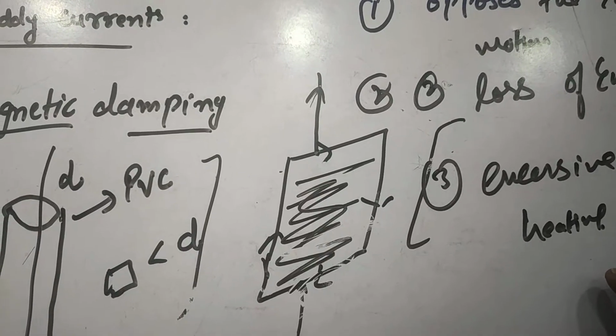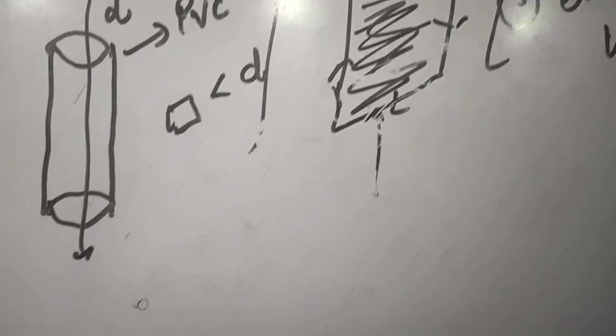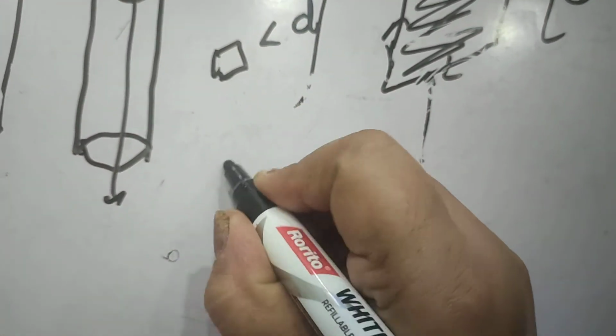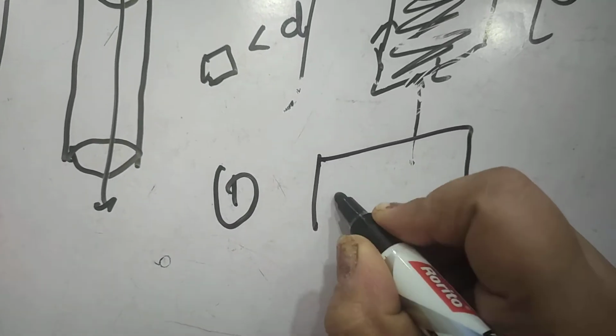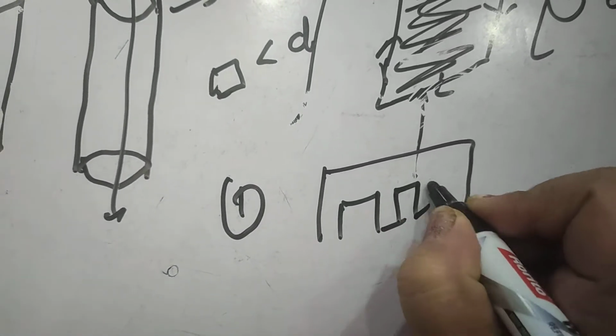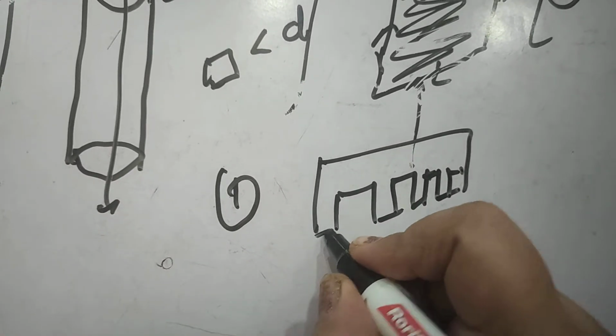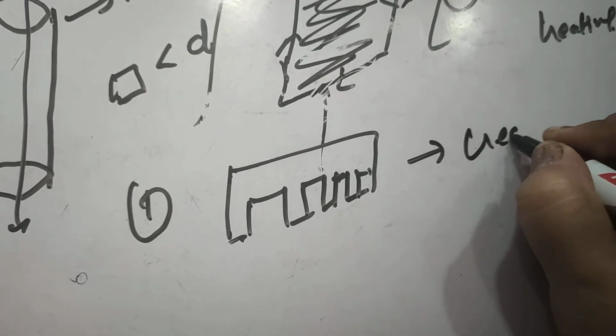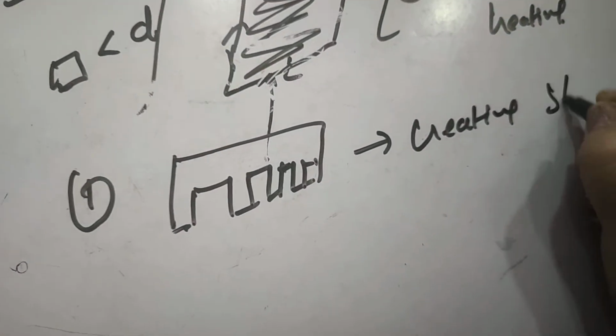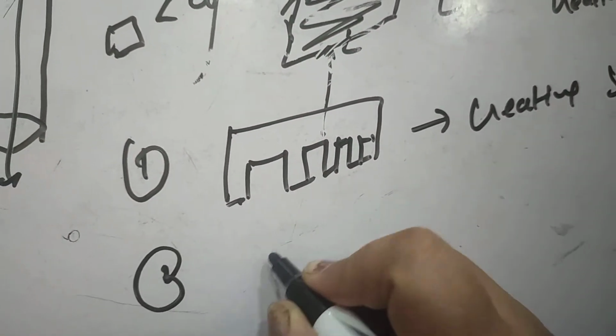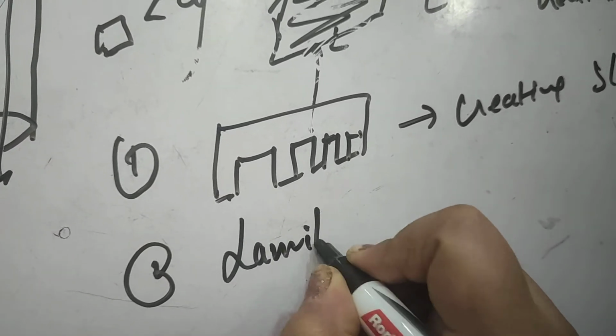Now the question comes: how can we minimize the eddy currents? The first method I have already discussed previously, by creating slots. Sometimes this question comes in the board exam also: write the two methods. The first is by creating slots, and the second is by using laminated sheets.